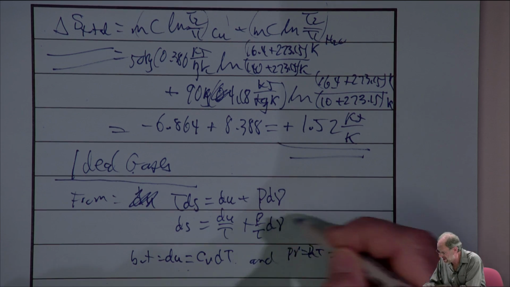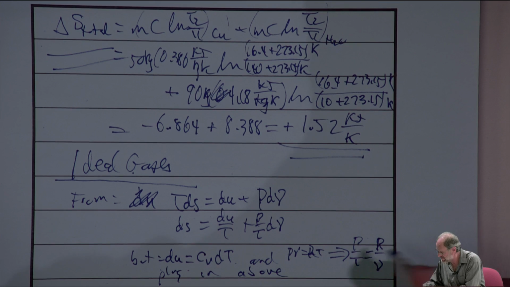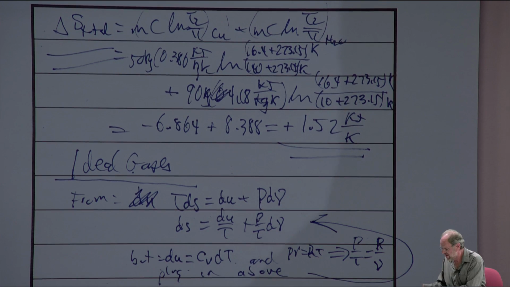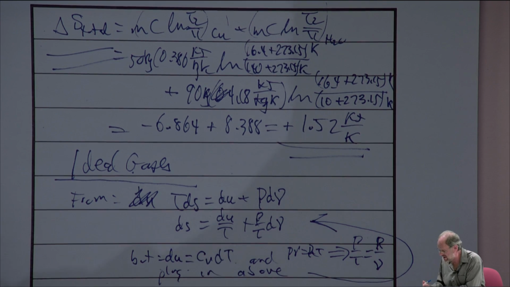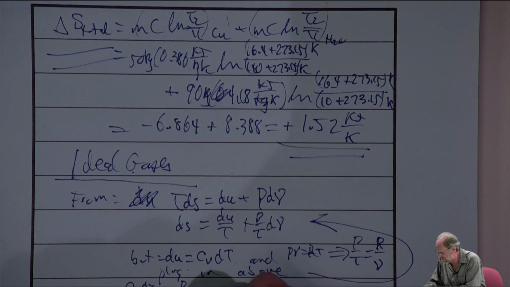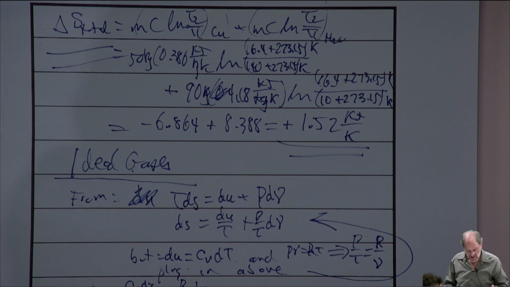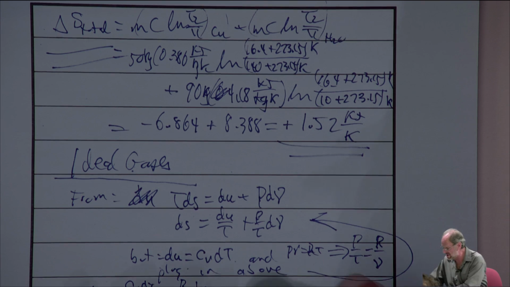And then plug these in above. So what do we get? We get ds equals CV dt over t, and then plus, instead of p over t, we have r over v dv. Okay. Now, this is the differential form of the equation that I'm interested in. I'm interested in finding an entropy change, so let's integrate.